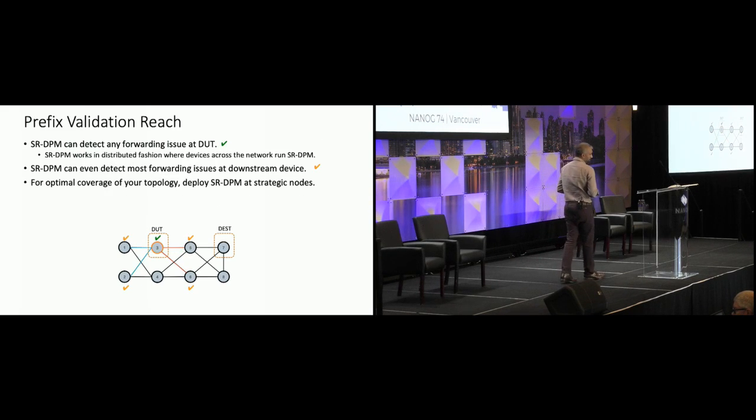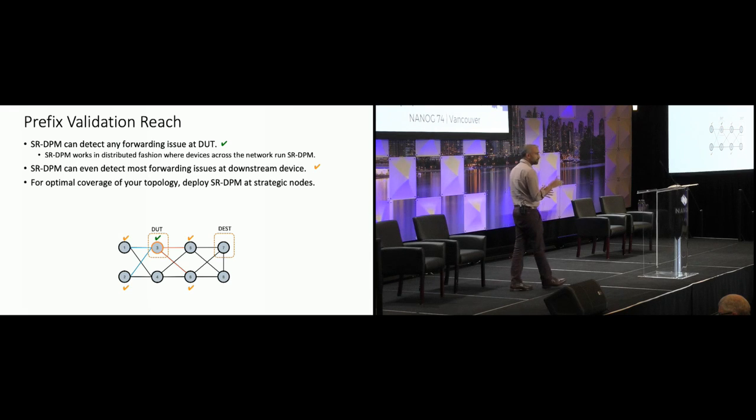OK, so as we saw, we are not going beyond one hop. So in this case, each node just takes the packet to upstream and then downstream, not beyond that. So it will detect any forwarding issue, because we are exercising the entire forwarding chain at the DUT. So if there's any forwarding issue for a particular prefix, we will detect that issue regardless of upstream or downstream neighbor that we have.